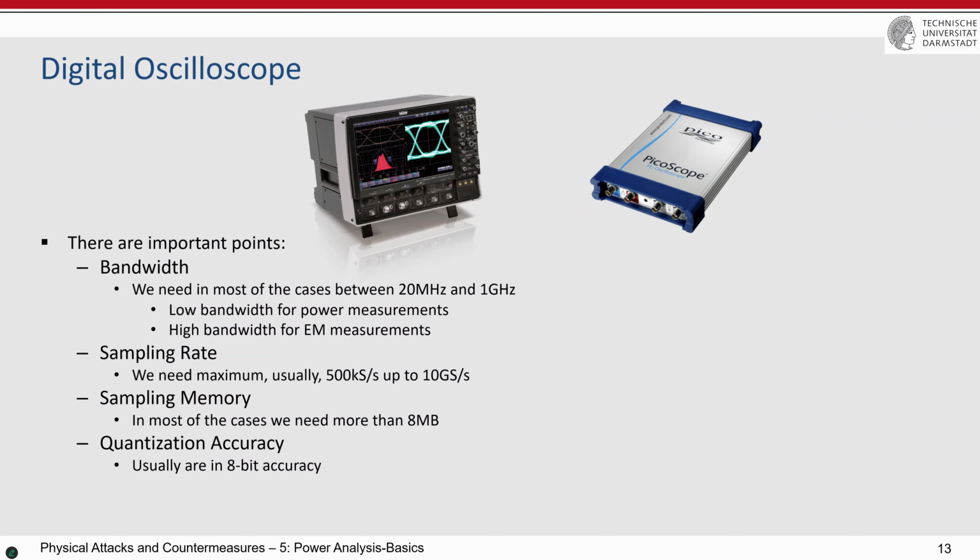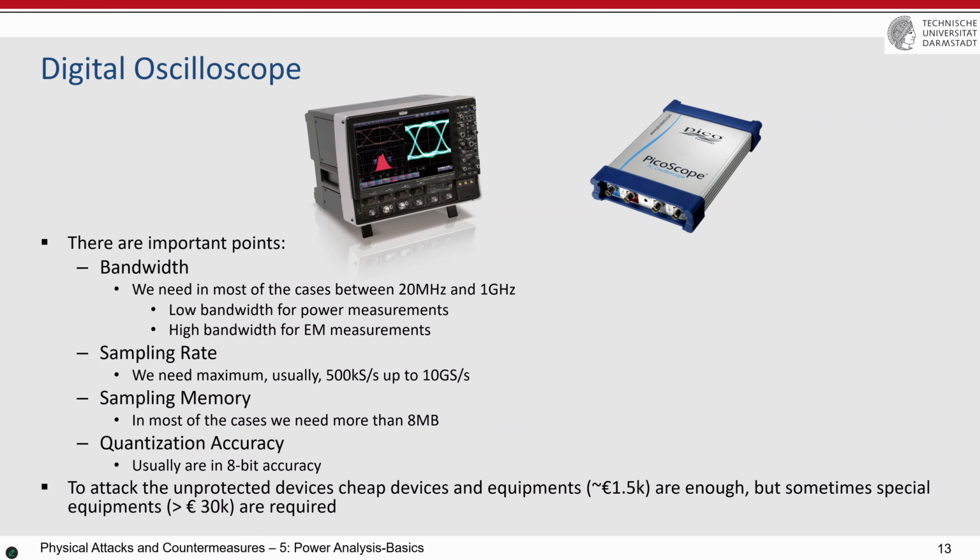You should try to cover the entire screen, or use the maximum accuracy of your oscilloscope. Nowadays, there are 12-bit oscilloscopes on the market. They are called HD oscilloscopes. But for our purposes, usually 8-bit is enough. We do not really need 12-bit oscilloscopes.